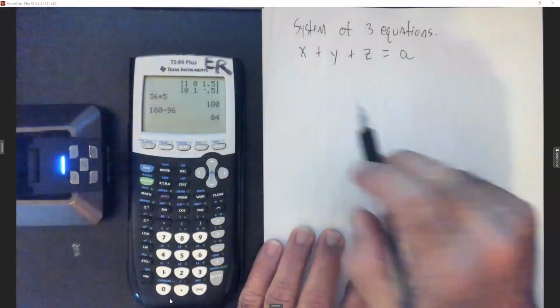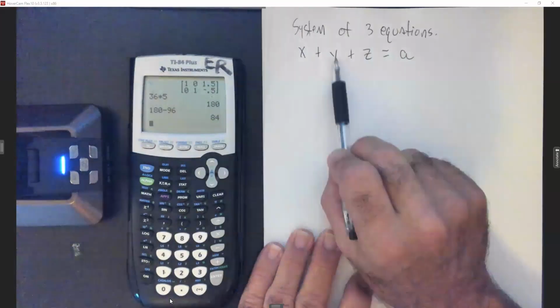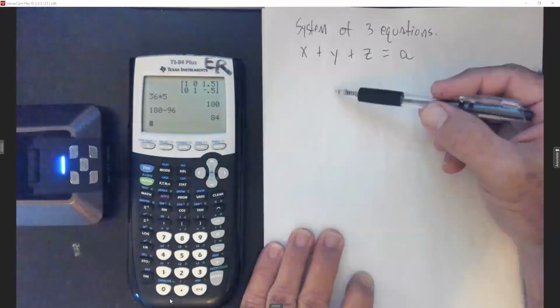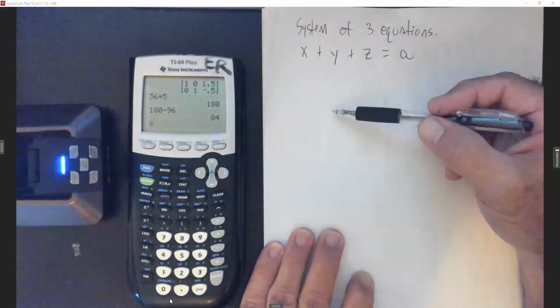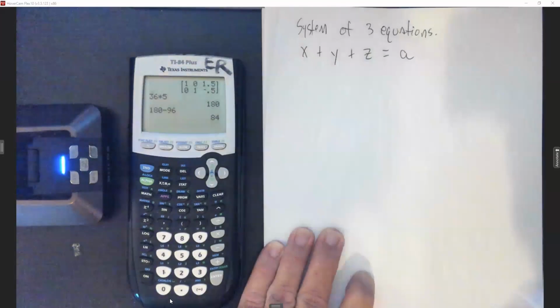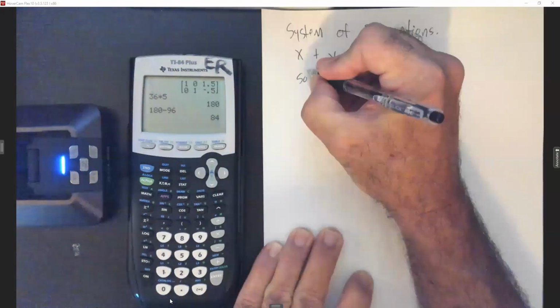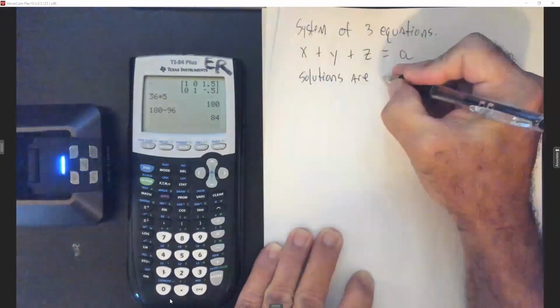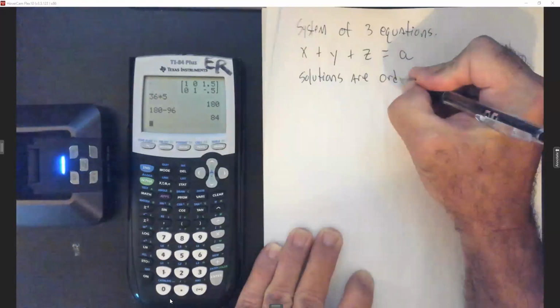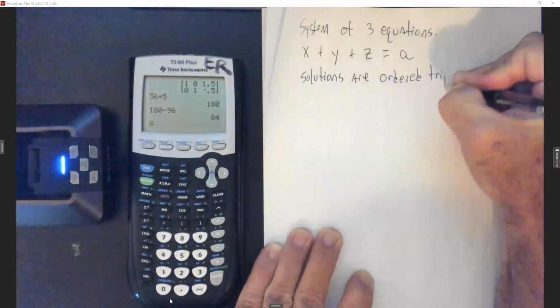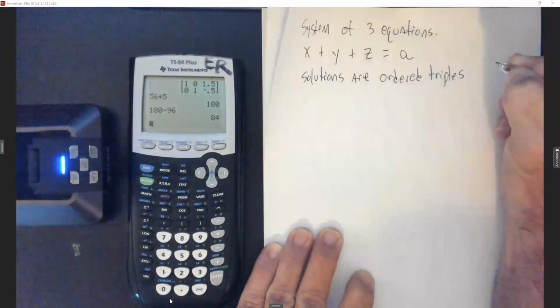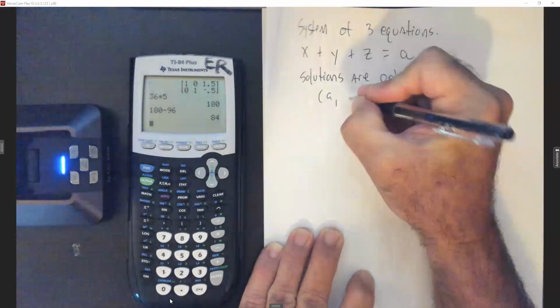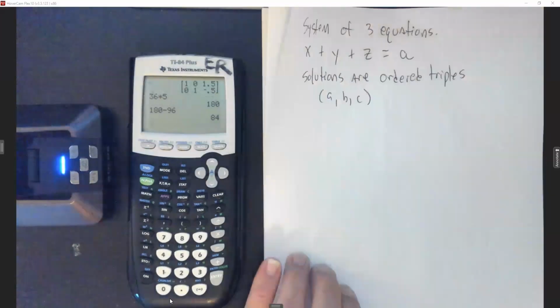And what will happen when you've got 3 variables, you're going to need 3 equations to solve these. And also the solutions are now what we call ordered triples. The answers will look like A, B, and C. Okay?